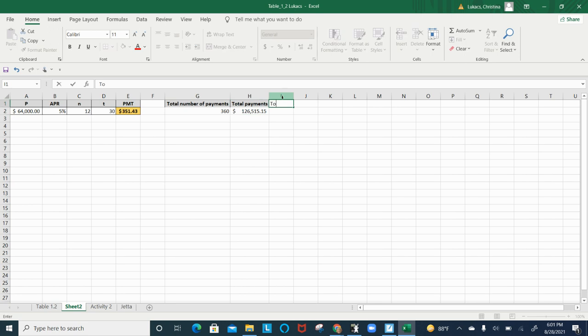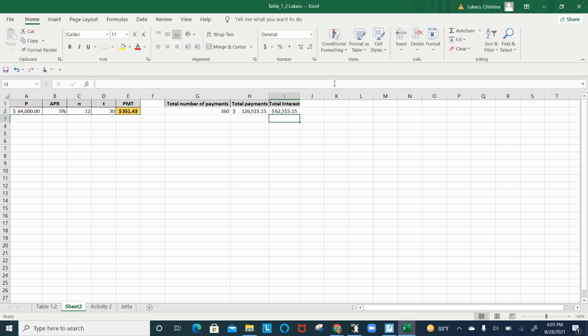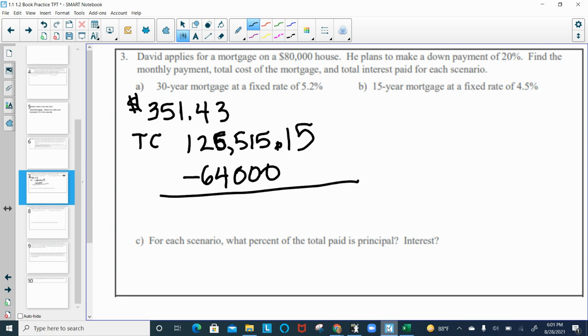I'm just going to put it here so you can watch me. I'm going to say equals this amount minus his principal. He's going to pay $62,515.15 just in interest. I'll put TI for total interest.